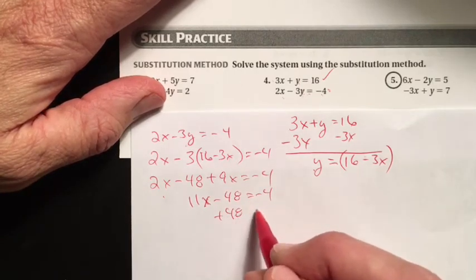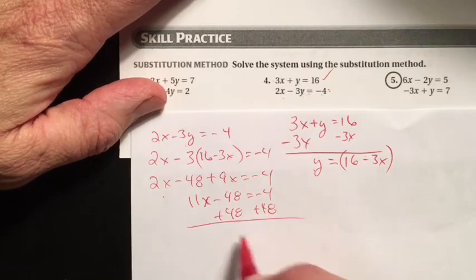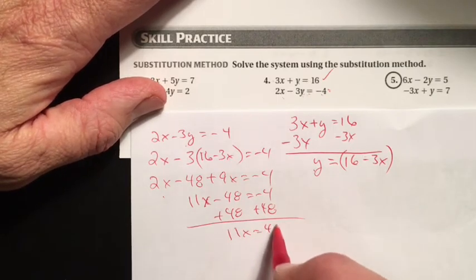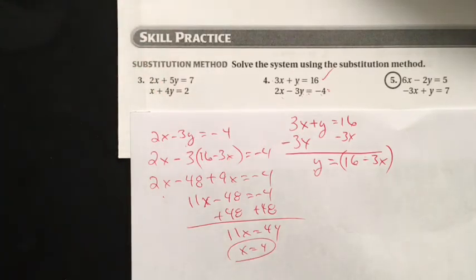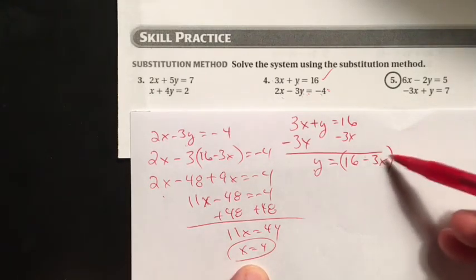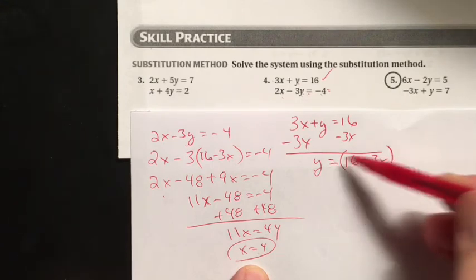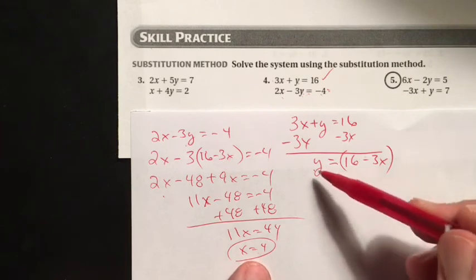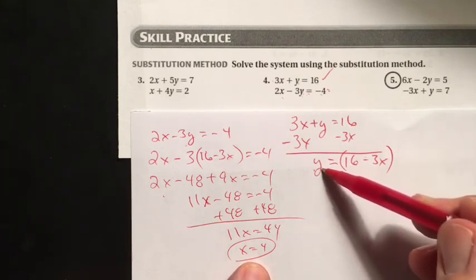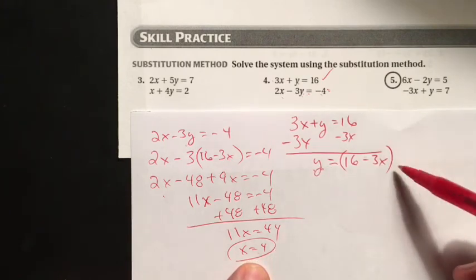Adding 48, now you can kind of see where this is going. 11x equals 44. x is 4. That's, again, half of an answer. The third step told you to take that answer and put it into the revised equation from before. You have x, you need y. Just stick this x into here and solve away.